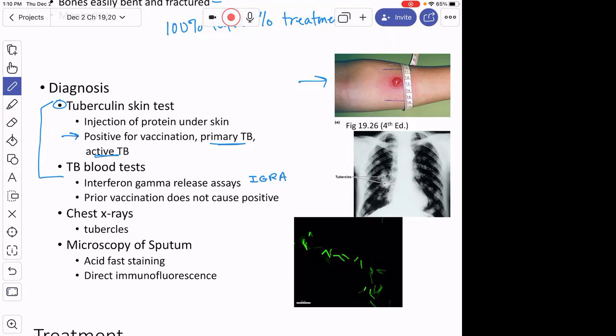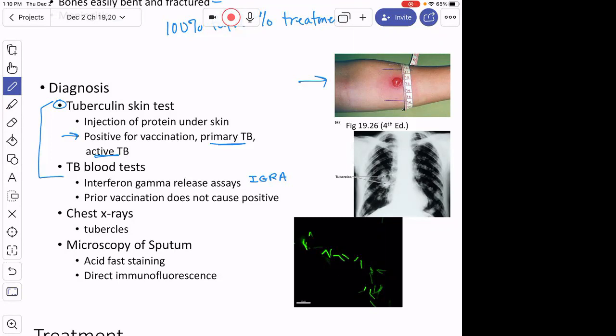So what does that mean? A positive interferon gamma release test means that the person either has latent TB or active TB. It won't test positive if you've just been vaccinated, so it's a little bit better test, especially in places where vaccination is common. It still doesn't tell us for sure if the patient's infectious or not.